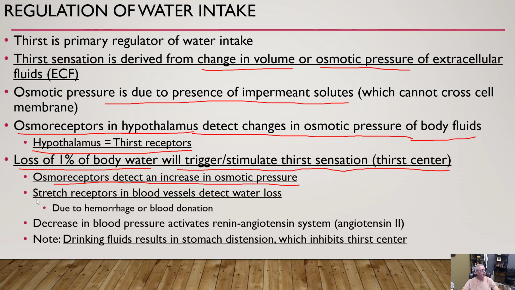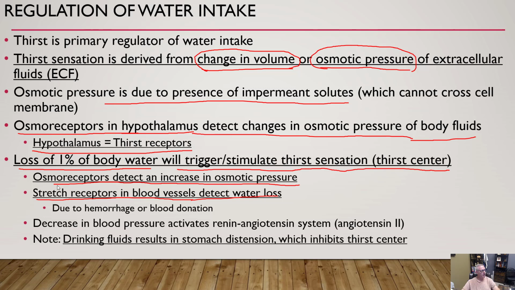We also have stretch receptors in our blood vessels that are going to detect that water loss. So remember, we have changes in blood volume, or we have changes in osmotic pressure that will kind of trigger our thirst center.